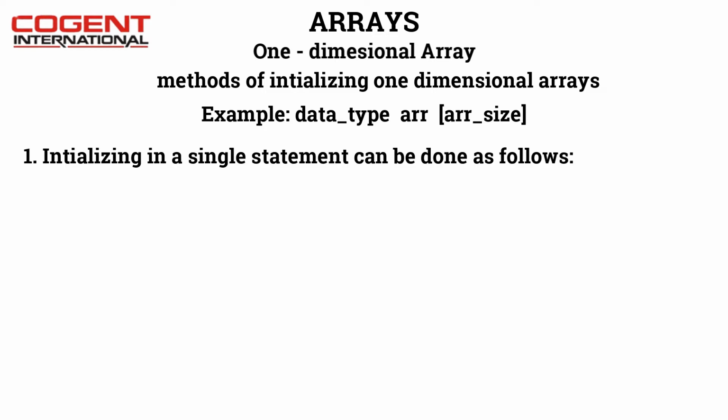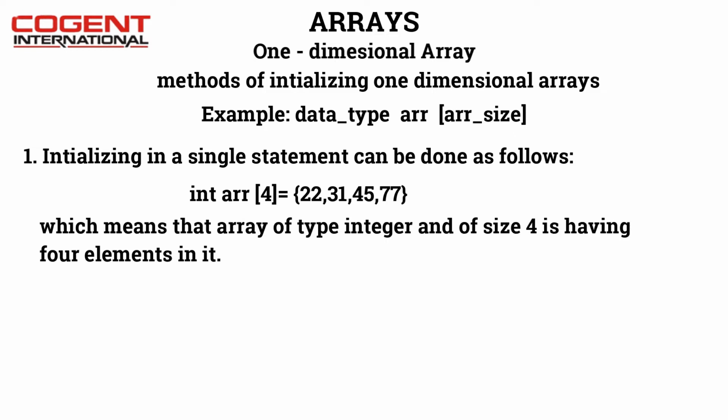First type, initialization in a single statement: int array[4] = {22, 31, 45, 77}. This means an array of type integer and of size 4 has 4 elements in it, and the number of elements in the array should not be greater than the array size.